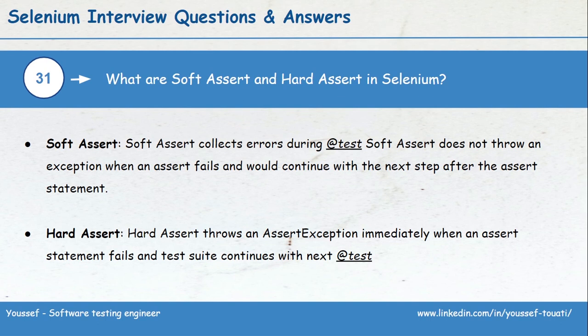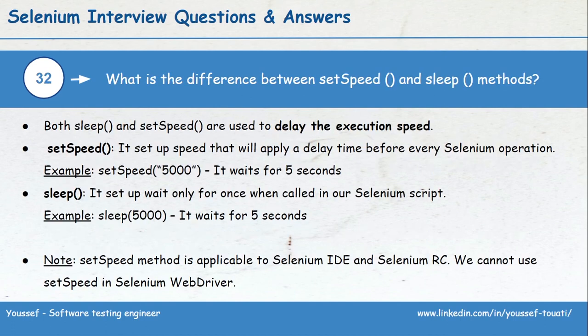Okay. Now, what is the difference between setSpeed and sleep methods? In fact, both sleep and setSpeed are used to delay the execution speed. setSpeed will apply a delay time before every Selenium operation.